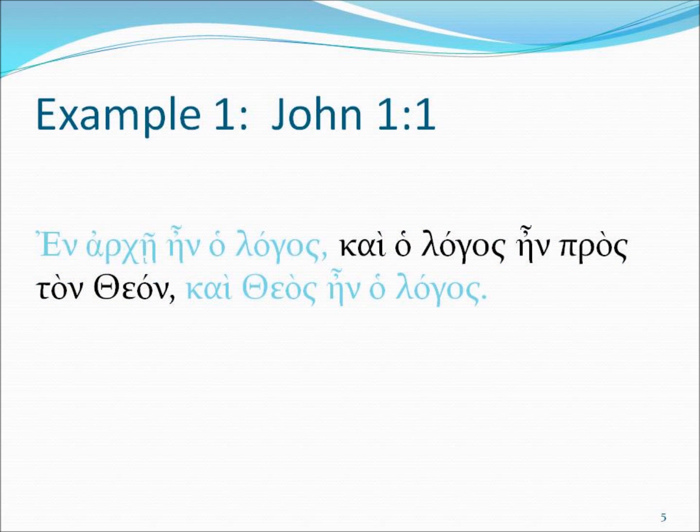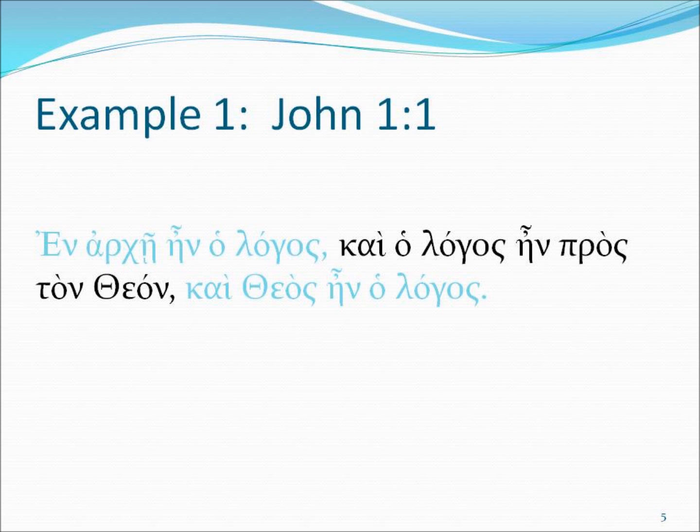Here's the second cluster. Kai ho logos ein pros ton theon. There's your first diphthong, alpha iota, in the word kai. That doesn't pronounce as ka-i, it is kai, because the alpha iota is a diphthong.